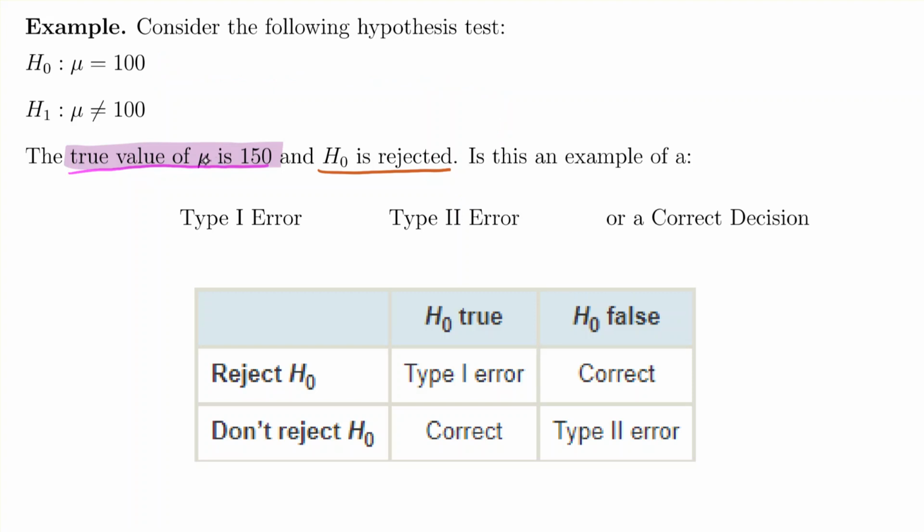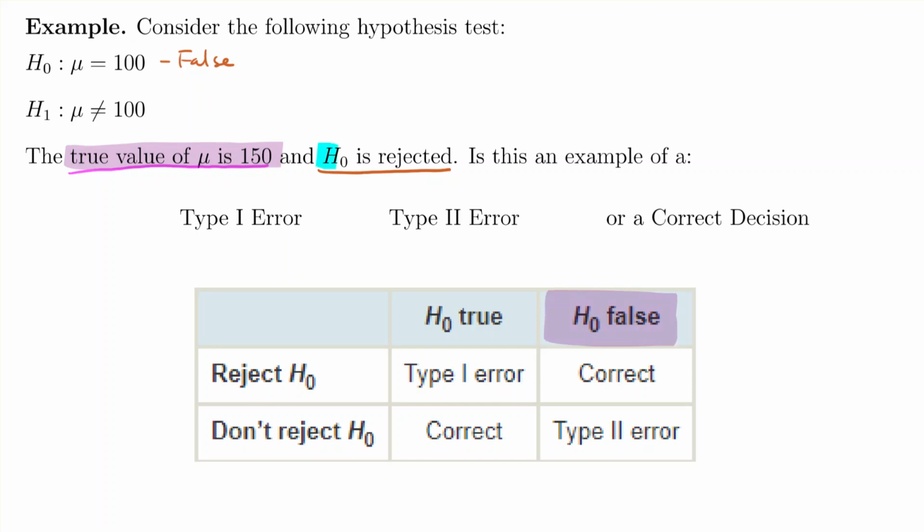Now let's look at our chart to help us understand this. If the true value of the mean is 150, then what do you think about our null hypothesis? Is that true? If the true value of the mean is 150, do you see that our null hypothesis actually ends up being false, because it said it was 100? So in this case, the null hypothesis is false.